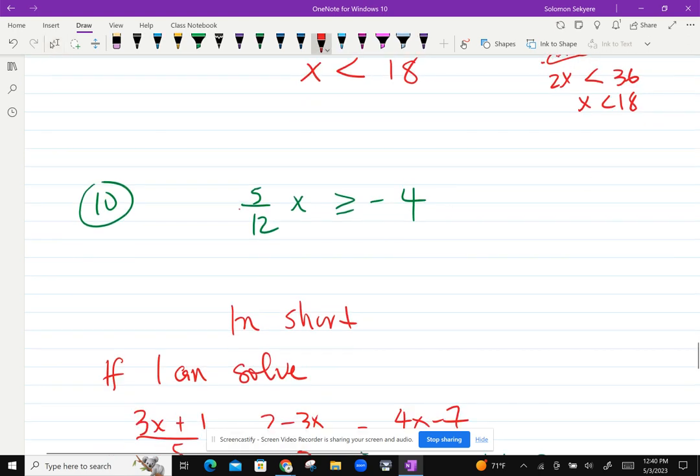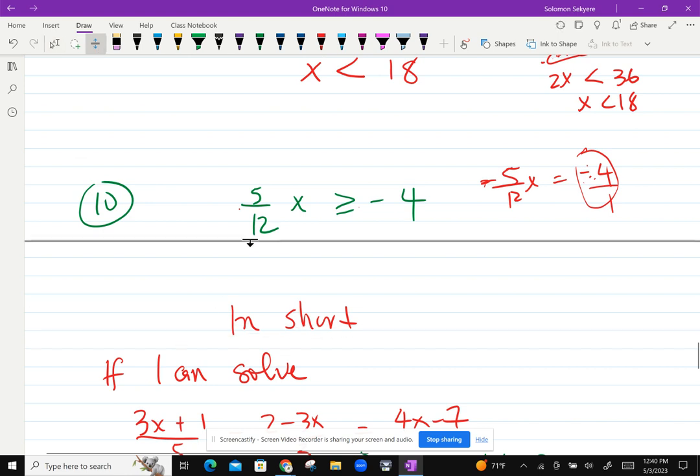Okay, what about here? 5 over 12 x is greater than or equal to negative 4. How do you solve this? 5 over 12x equals negative 4 over 1. You cross multiply. But watch, this time the negative sign is not attached to my variable. So the inequality does not change.